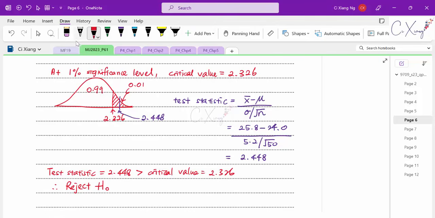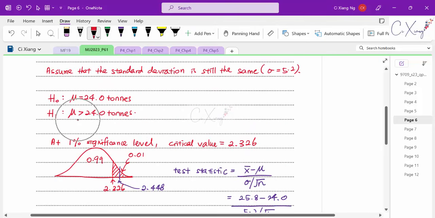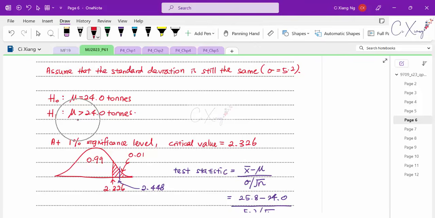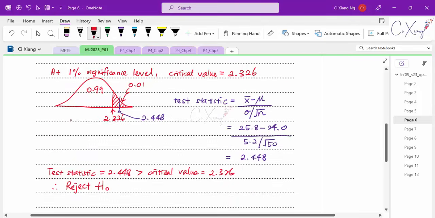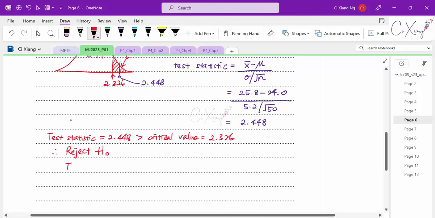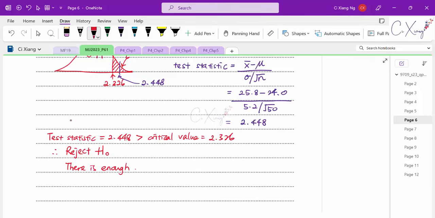Okay, so if you reject the null hypothesis, it means that the alternative hypothesis is true. So you need to make a conclusion according to the context of the question. That means you can make a conclusion like this, where there's enough evidence to show that the new fertilizer actually really increases the farm's production, right?